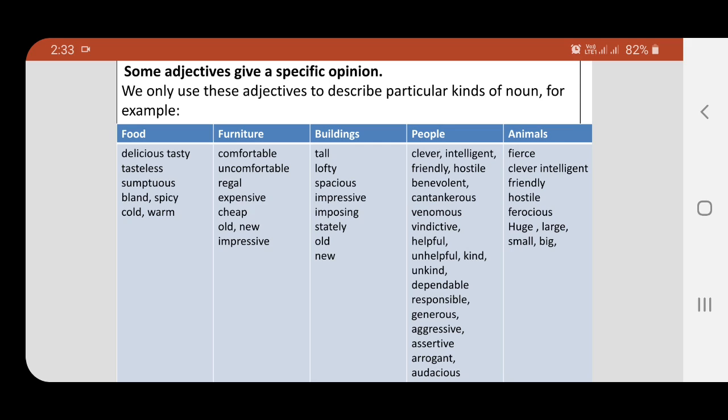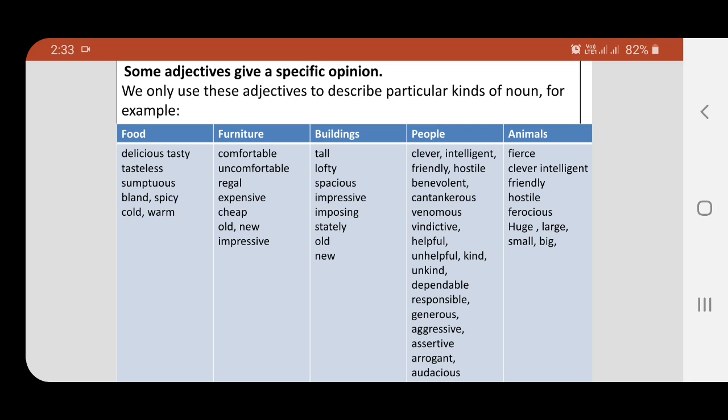Benevolent, cantankerous, venomous, vindictive, helpful, unhelpful, kind, unkind, dependable, responsible, generous, aggressive, assertive, arrogant, audacious. So these are some of the adjectives which are used to describe people.